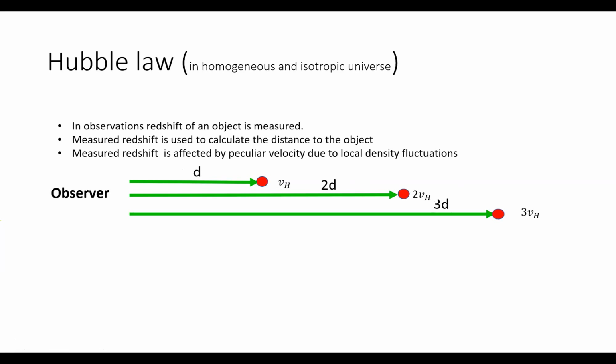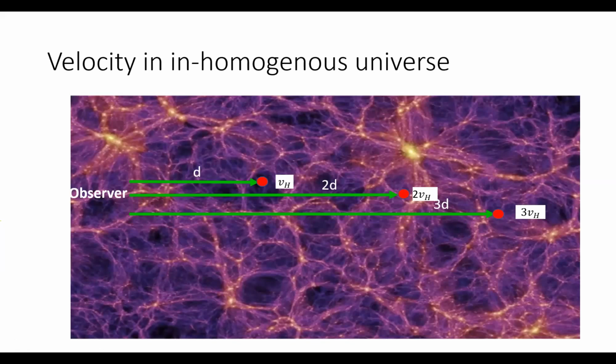This Hubble law inherently assumes that your universe is isotropic and homogeneous. However, if you look at the actual matter distribution in your universe, it's very clumpy, very inhomogeneous. You have voids, you have filaments, you have clusters. If an object lies inside a void, it will feel attraction from the nearby high density peaks.